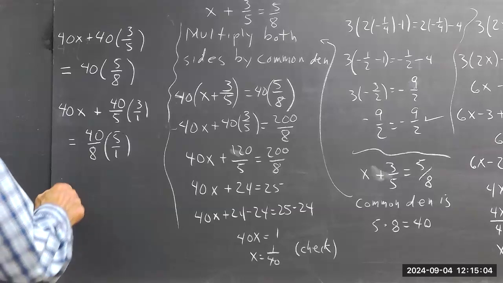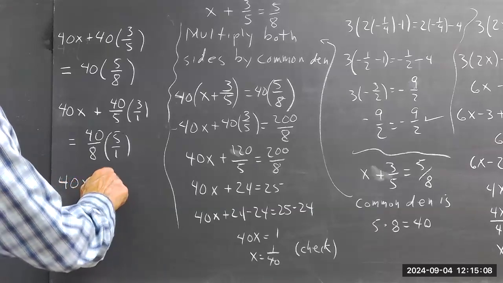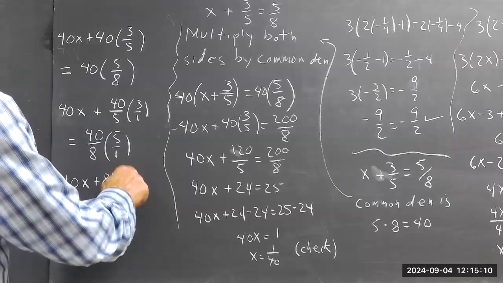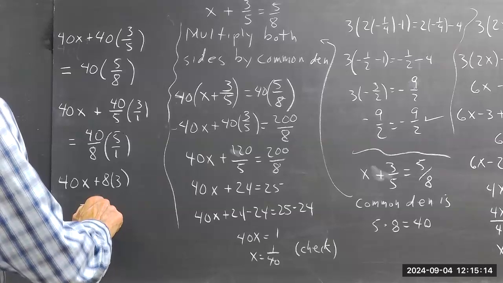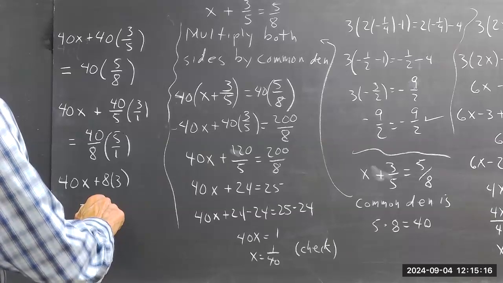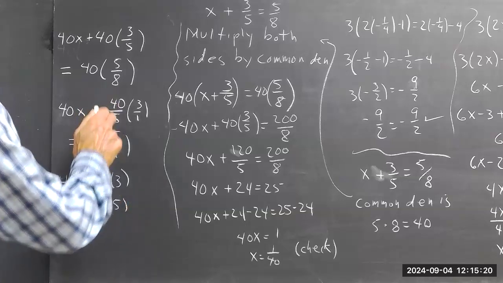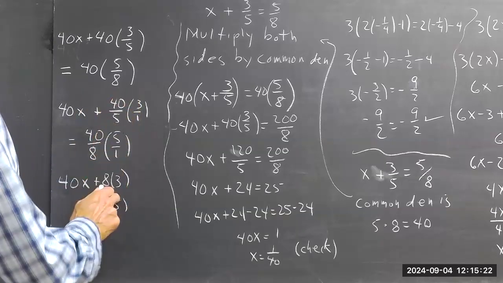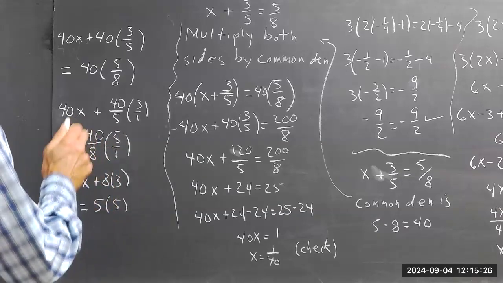So there we have it. Forty over 5 is 8. 3 over 1 is 3. 40 over 8 is 5. 5 over 1 is 5.